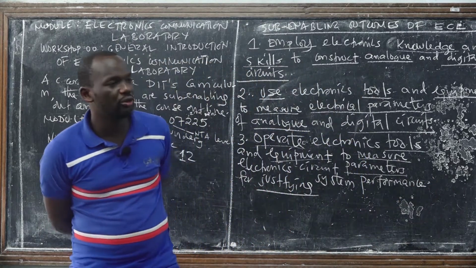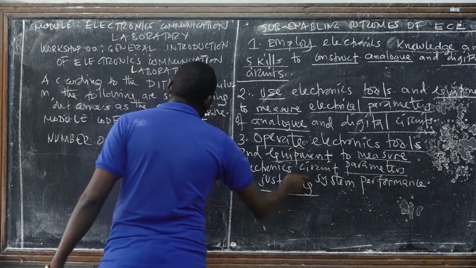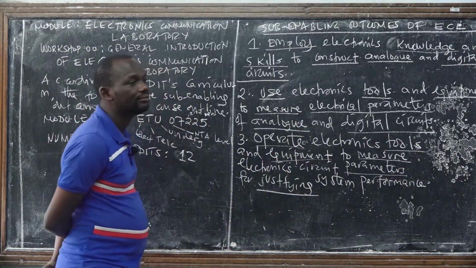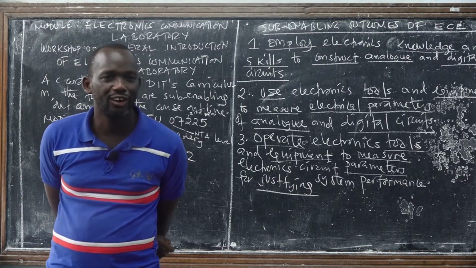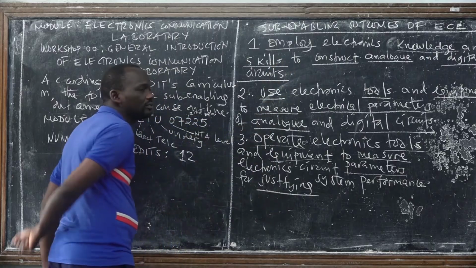Is there a relationship between the third sub-enabling outcome and the second one? No. There is a relationship between the third and the fifth one.